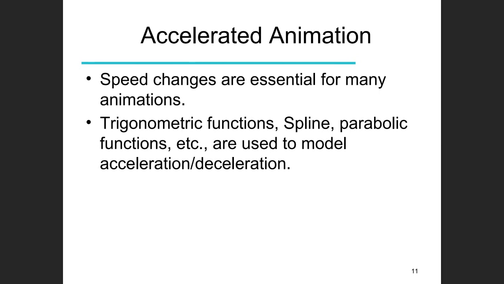Or we can use some parabolic function, circular function, or hyperbolic function for modeling the acceleration, increasing the speed, or to model the deceleration or decrease in the speed. So here we are discussing the acceleration where the speed is increasing. We'll see how we can model the increase in the speed by using the trigonometric functions.